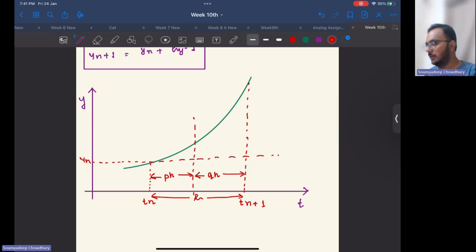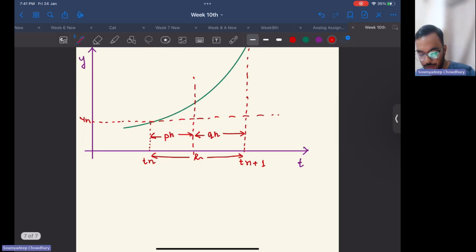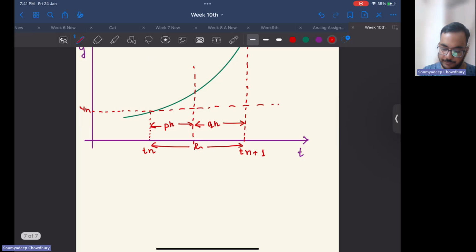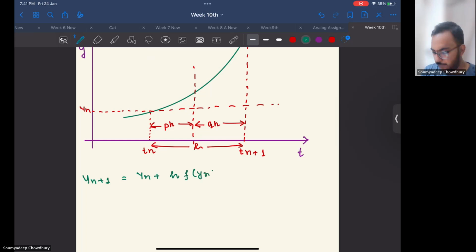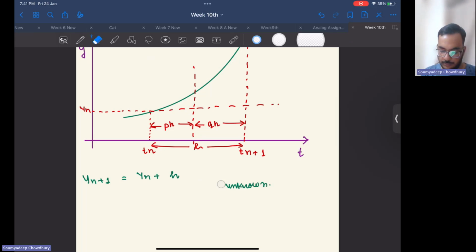So now we will try to find out what is the equation first. It is Yn plus 1 equals to, so this is unknown to us. This is not f of yn, rather we'll write it as y dash bar.